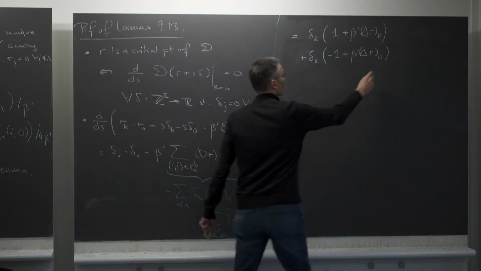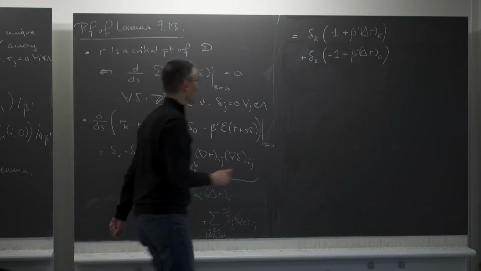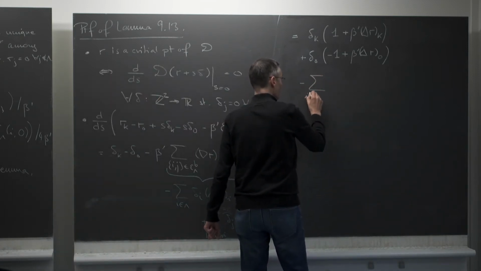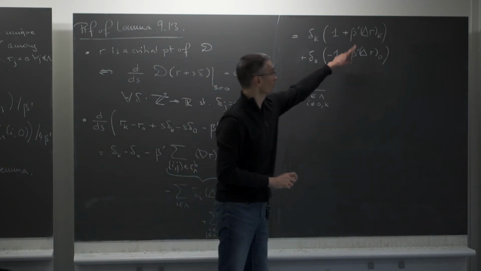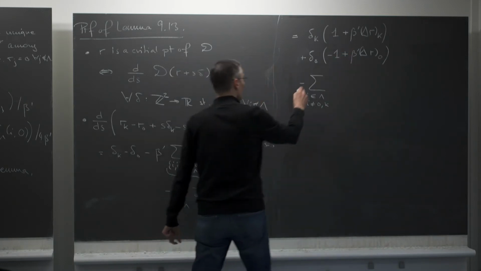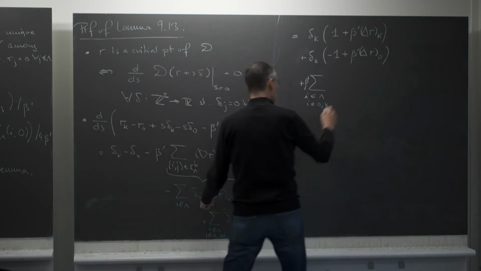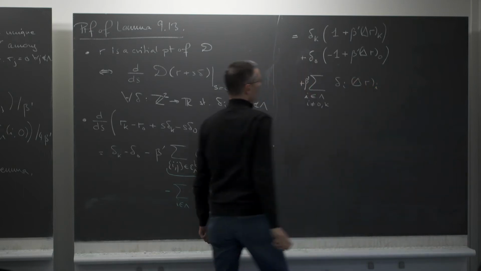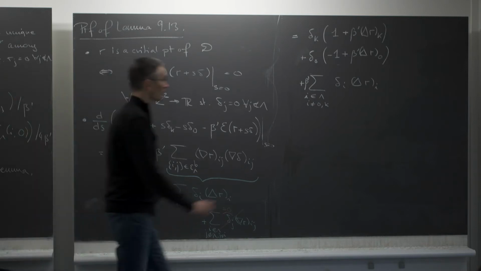Exactly the same kind of contribution, and then I get the remainder and the other terms in the sum, so it will be sum over all I in lambda, I different from 0 and k, because I've already taken the two terms 0 and k. I have a beta prime, actually it's a plus, and then I get delta I Laplacian R I. Okay, and that has to vanish.